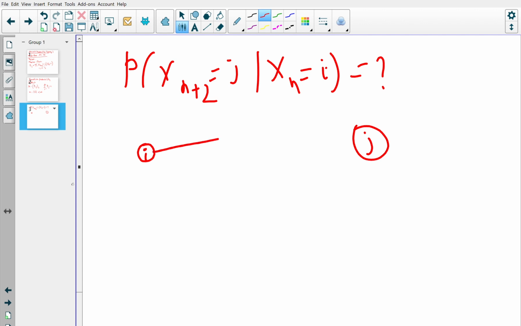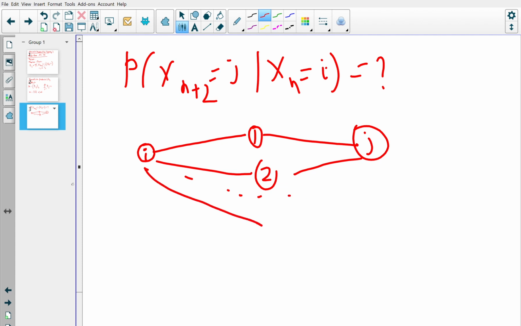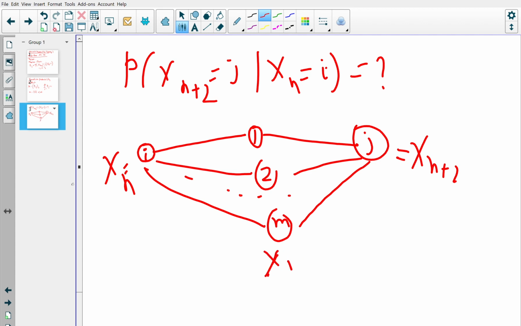From i I will go somewhere, maybe state 1, and then go to j, or maybe go to 2 and then j, and so on, up to m and then j. So X_n takes value i, X_{n+2} takes value j, and in between X_{n+1} can take any of these values.